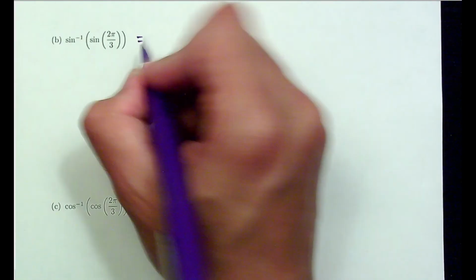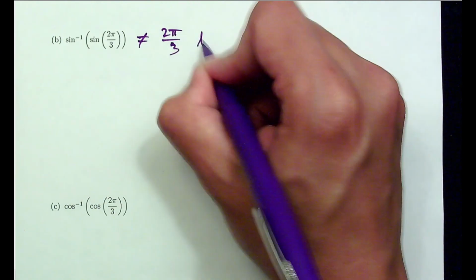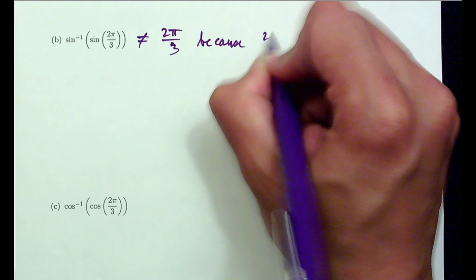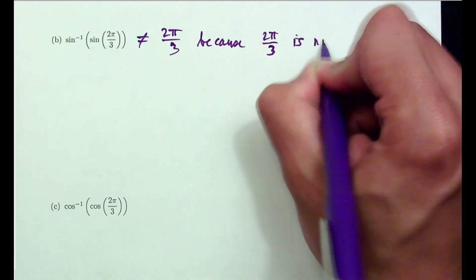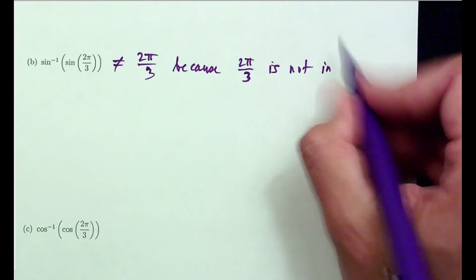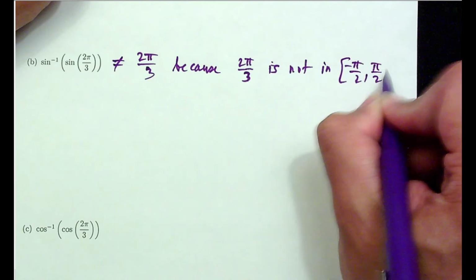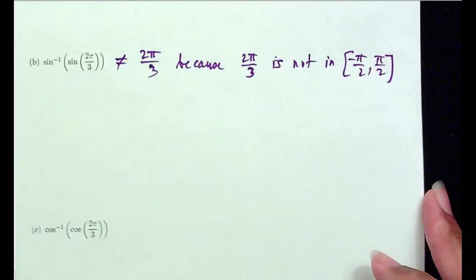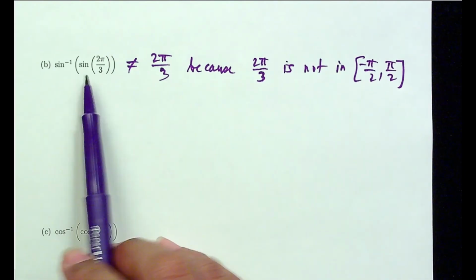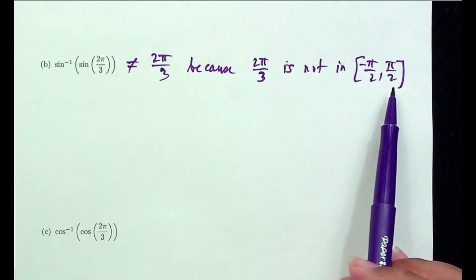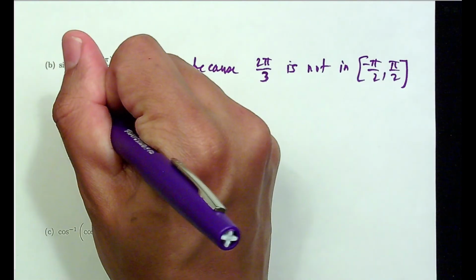This is not going to be 2 pi over 3 because 2 pi over 3 is not in the interval negative pi over 2 to pi over 2. So that means we need to replace this angle with another angle that has the same sine but lives in this interval. Okay, and a picture will help.